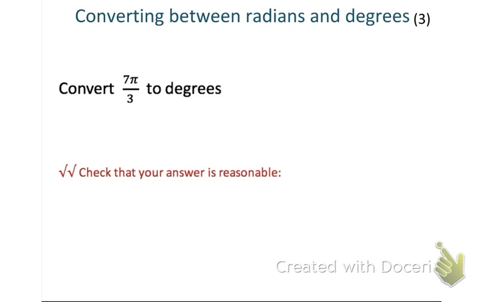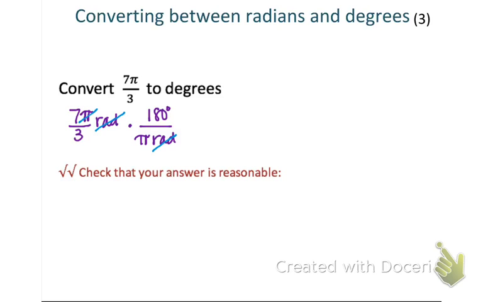If we want to convert radians to degrees, we are going to start with our radians, so 7 pi over 3 radians, and we are going to multiply this by 180 degrees over pi radians. Now we want the radians in the denominator because once again, our units will now cancel out.